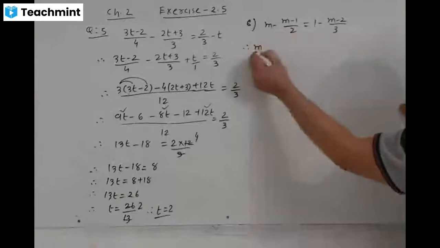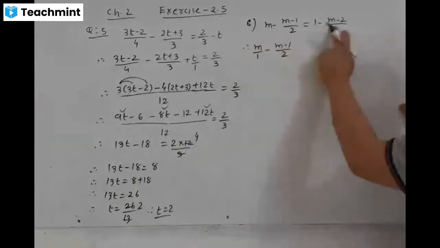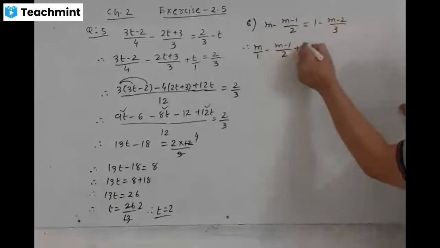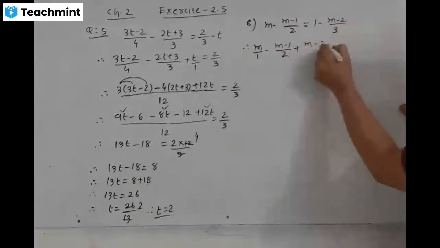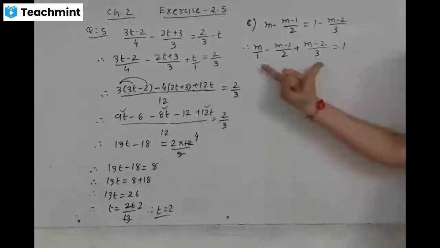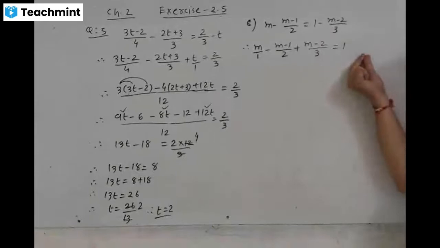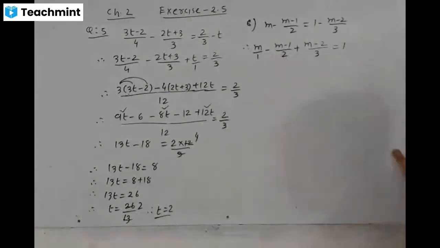M divided by 1 minus m minus 1 by 2, and minus term transposing right side to left side, minus convert to positive m minus 2 by 3 as it is, and that is equal to 1. That all are variable terms. 1 is a constant term. First find the LCM of 1, 2 and 3.